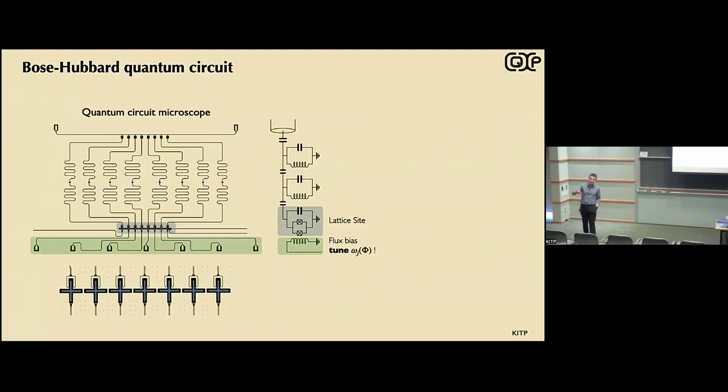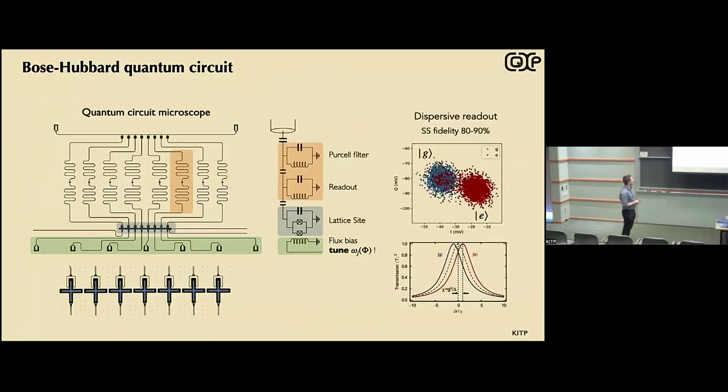From a material perspective, you can just think of this as now having both real space and time control of the lattice potential. Additionally, we can also have site-resolved microscopy, where we're coupling each individual qubit or transmon to microwave oscillators at different frequencies, and we're operating in a dispersive cavity QED regime where we can probe the occupation of this transmon, whether it's in the ground state or in the excited state, by looking at the dispersive shift of each individual readout cavity.